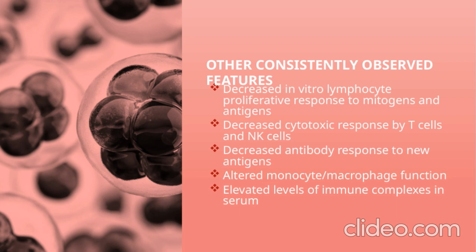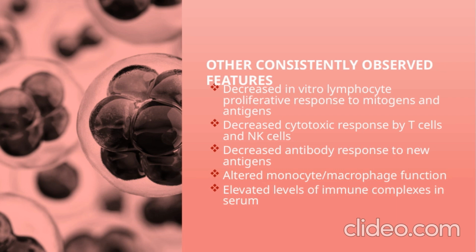We also observe a decreased antibody response to new antigens, which indicates that the immune system isn't responding as effectively when encountering unfamiliar threats. This can lead to increased susceptibility to infections. Additionally, there's altered monocyte and macrophage function. These cells play a key role in engulfing pathogens and coordinating immune responses, so changes here can impact overall immune regulation.